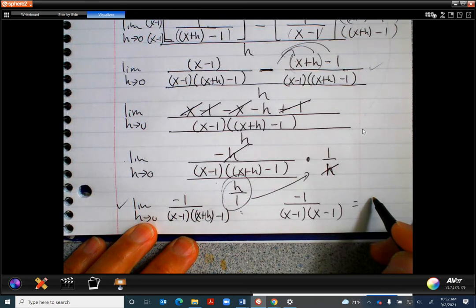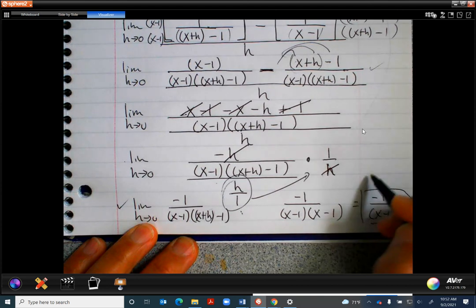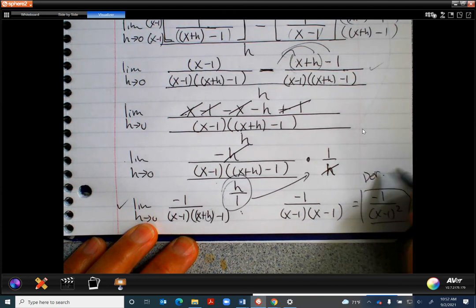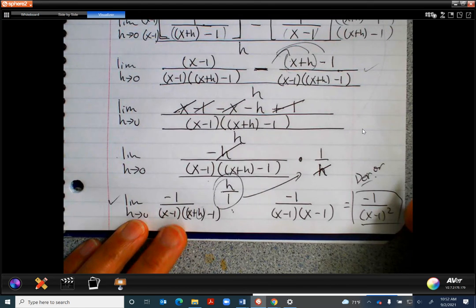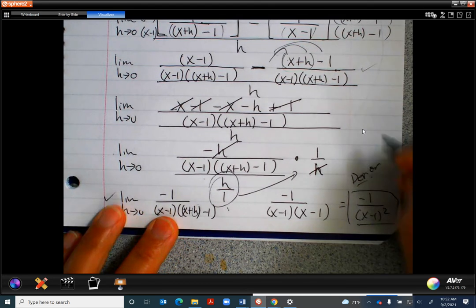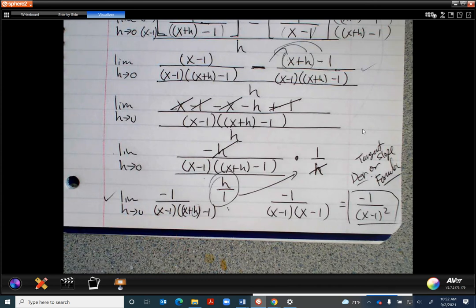This is negative 1 over x minus 1 squared. This is your derivative, or what did I say? This is your tangent slope formula. Okay? This is your formula.